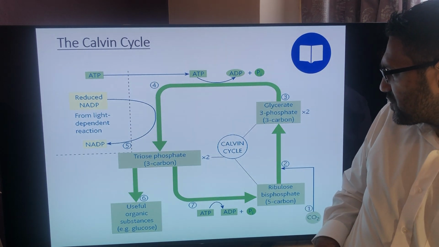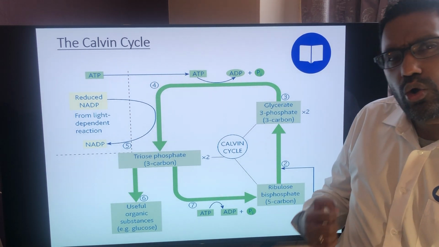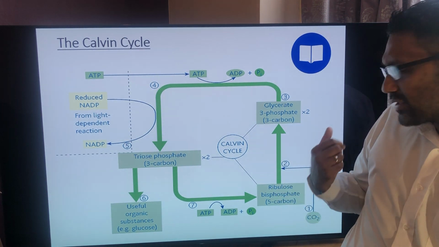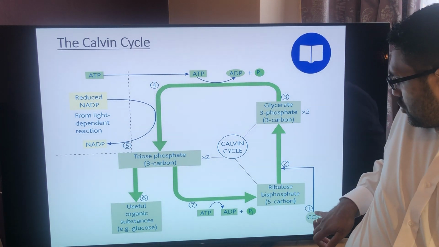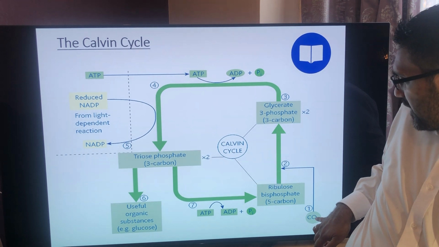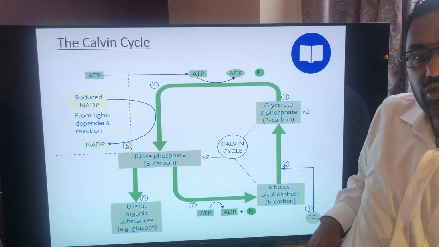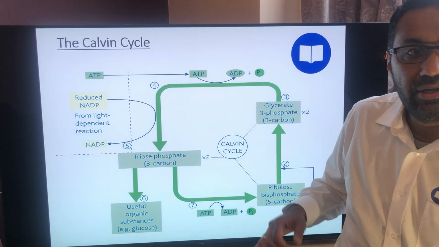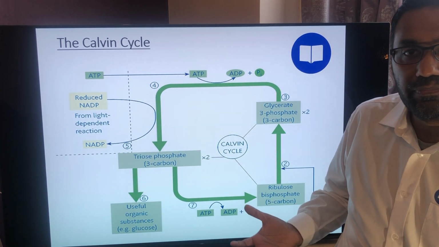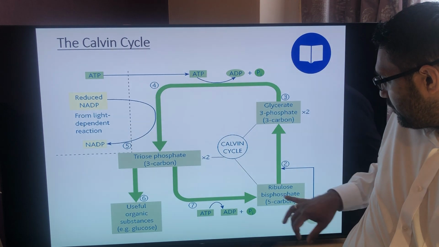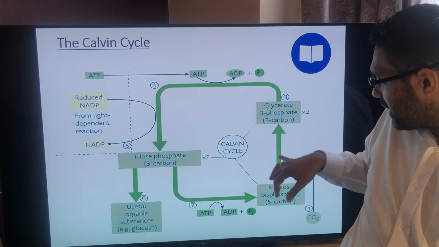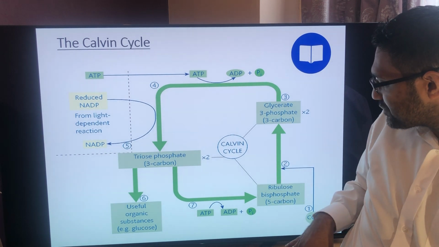There's an enzyme called rubisco that is needed to join the carbon dioxide to ribulose bisphosphate. Now, if you get 1 carbon plus 5 carbons, how many do you get? Well, it's kind of obvious. 5 plus 1 is equal to 6. So you're going to get a 6-carbon molecule here at stage 2.